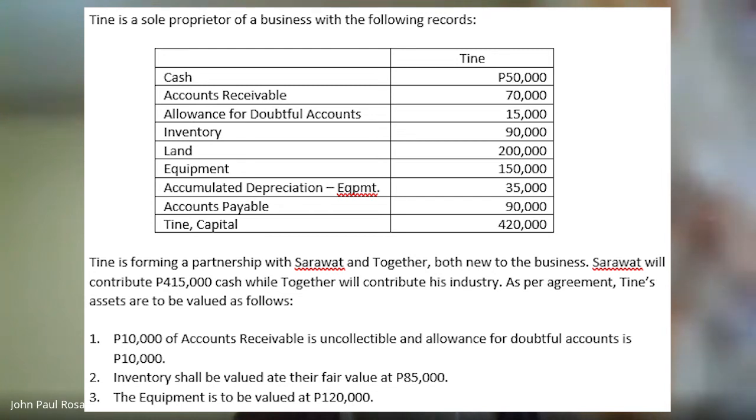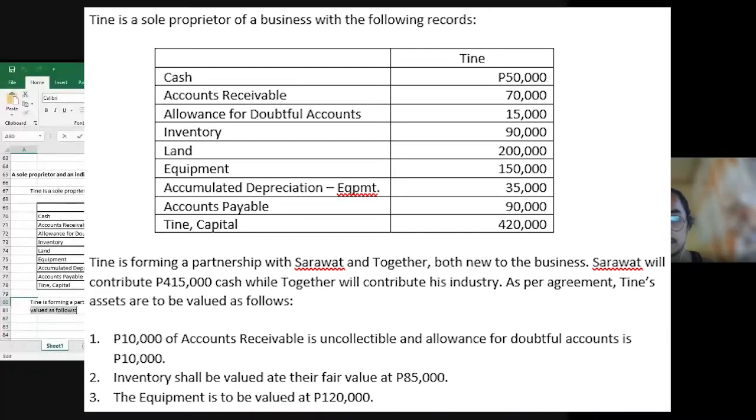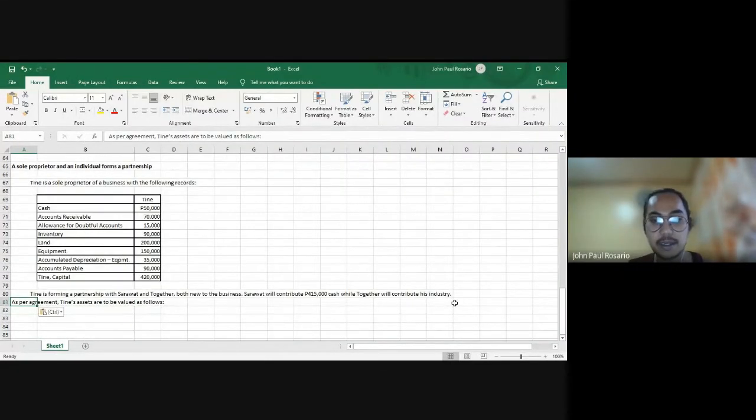So Tyne is forming a partnership with Sarawat, both new to the business. Sarawat will contribute 415,000 cash, while Tyne will contribute his industry.